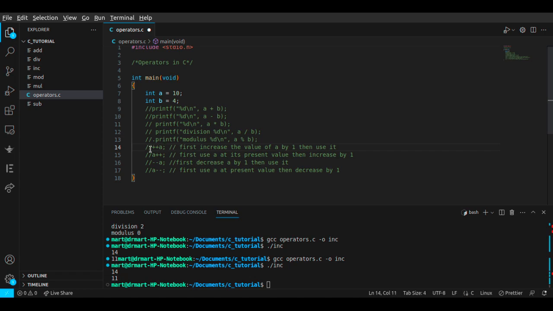So the first is plus plus a. So let's do plus plus a first. It means first increase. When you have the plus plus coming before the variable, first increase the value of the variable by 1, then use the value after the increment.